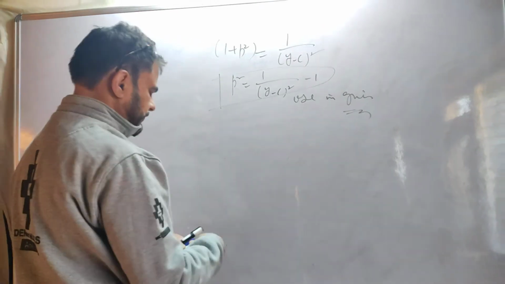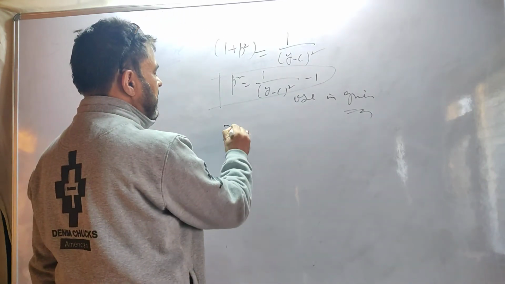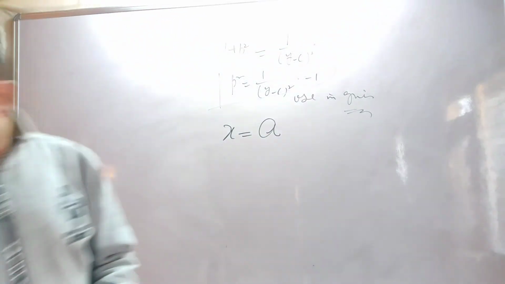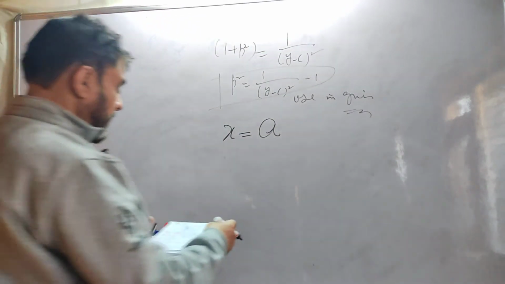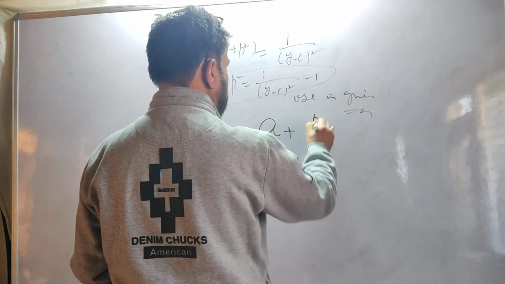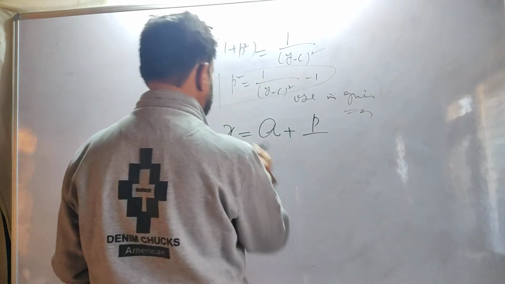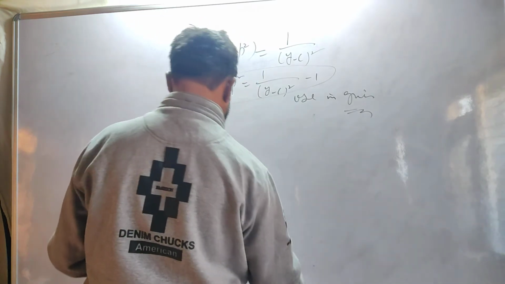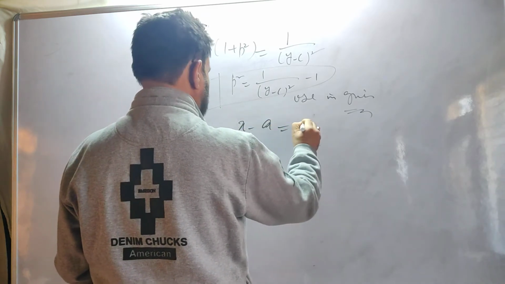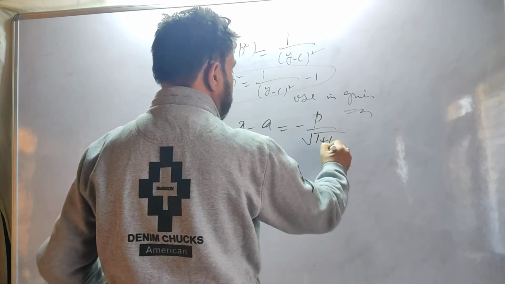What was that given equation? Your given equation was x minus a is equal to minus p by under root of 1 plus p square.